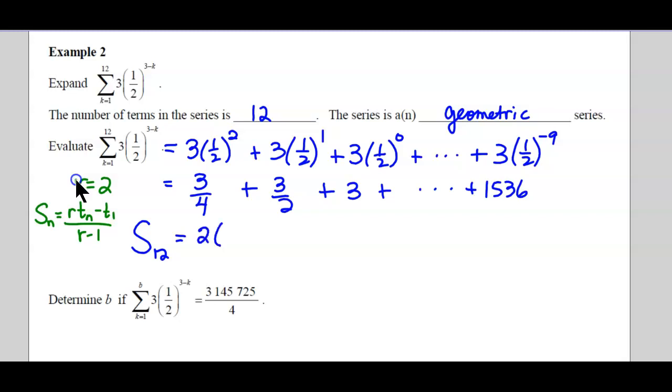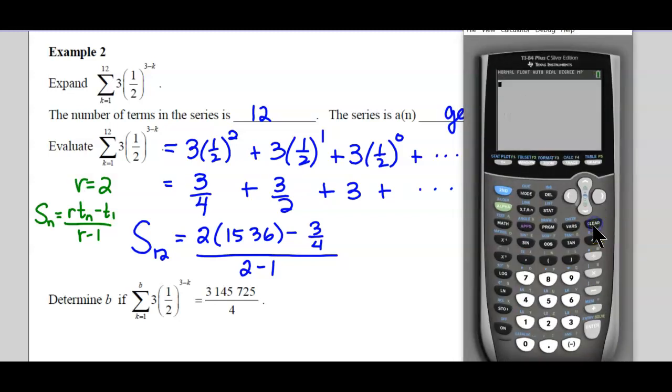So 2 times the last term, minus the first term, all over 2 minus 1. Again, I don't need to see the work in between, as long as I see the numbers substituted correctly. Obviously, 2 minus 1 is just 1, so you don't have to do that.